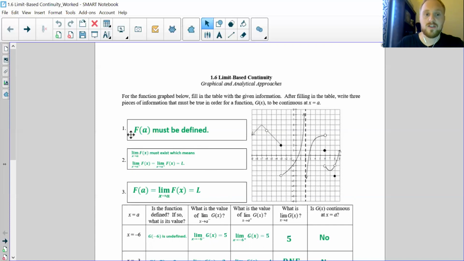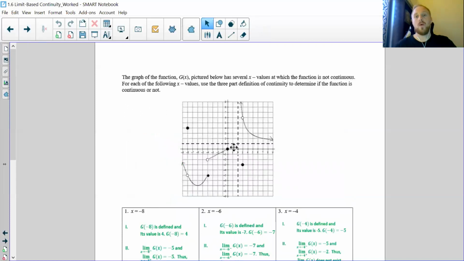So steps 1 and 2 have to equal each other, and that's what step 3 is. This is an extremely important definition in this class because it shows whether or not a function is continuous. Later in the class, you're going to realize that for things to occur, functions have to be continuous on that interval.